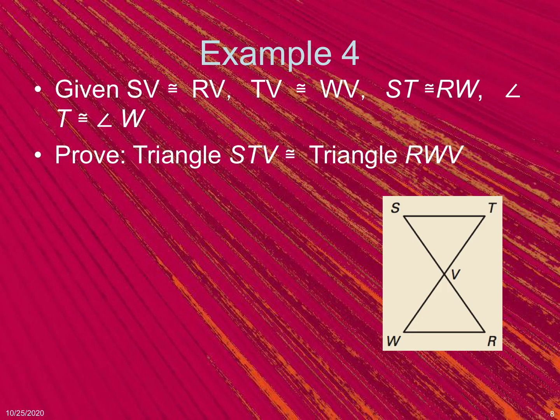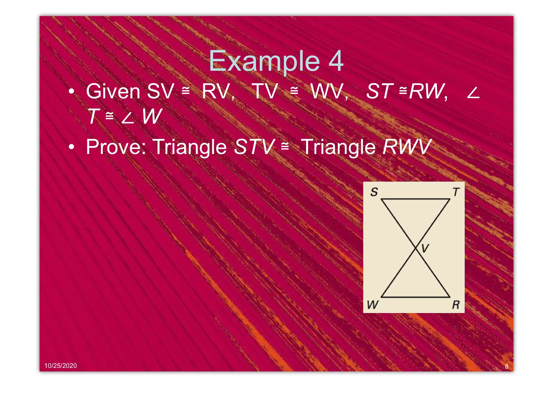And then lastly, we have an actual proof, where we have to prove that these things are congruent, or whatever they're asking us to prove. So let's look at it. It says, given that SV is congruent to RV. Segment SV is here, and it's congruent with RV. That's one of your givens.